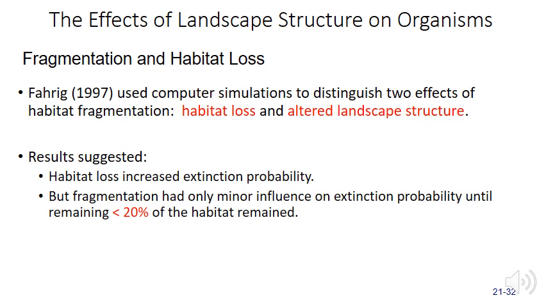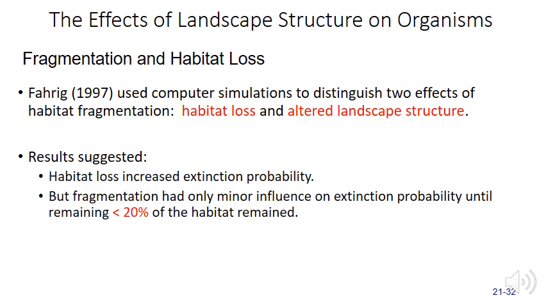When a habitat is fragmented, first, some of that habitat is being destroyed, so we get habitat loss, a loss in total area. But we're also altering the landscape structure, creating patches of those habitats. Fahrig wanted to understand which of these elements was more important, or potentially more damaging, in terms of the loss of species.